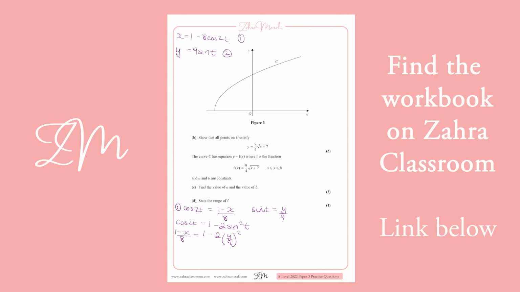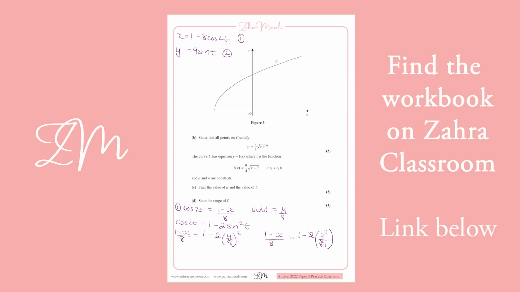And so we want to make y the subject of the formula. It's only 1 mark for all the manipulation, so don't spend too long playing with it. So we have 1 minus x over 8 equals 1 minus 2 times y squared over 81. So when we do that, we can then multiply up some stuff.